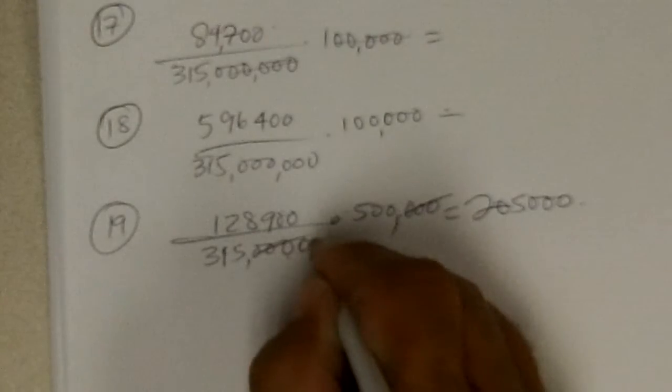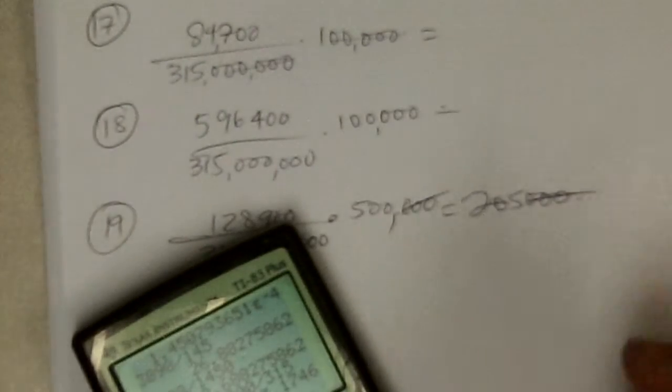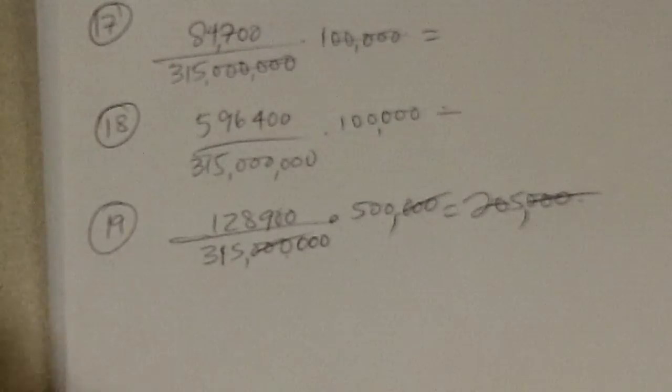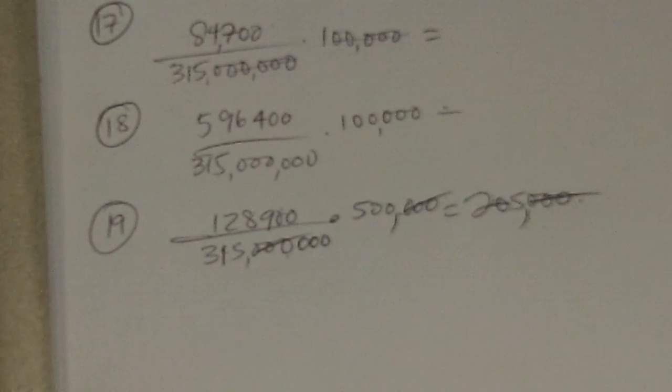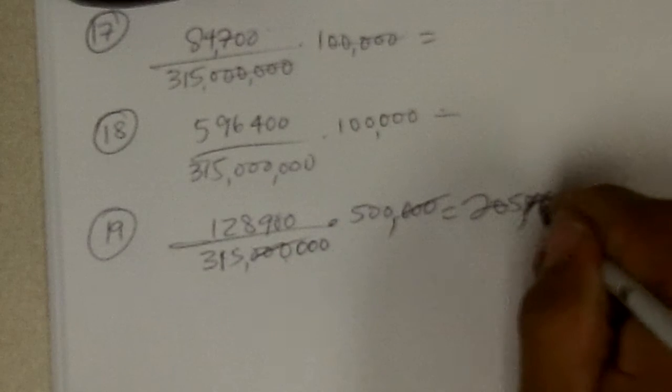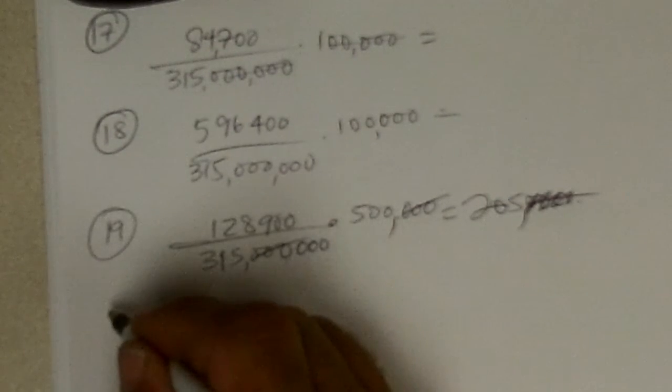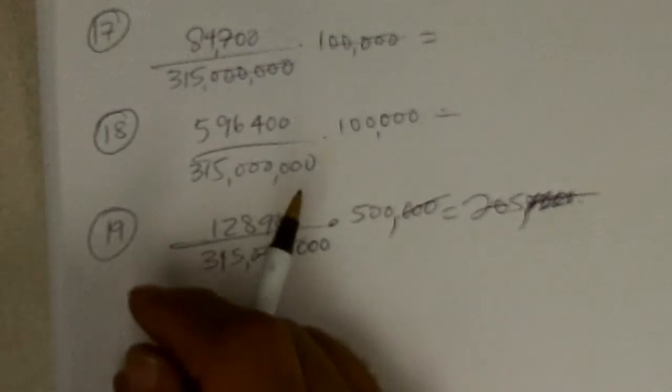I forgot some zeros here. There's 6 zeros on 315 million. I messed that up. So 205 people will be expected to die in a city of 500,000.